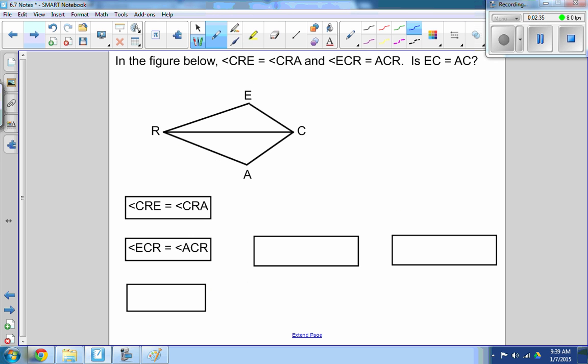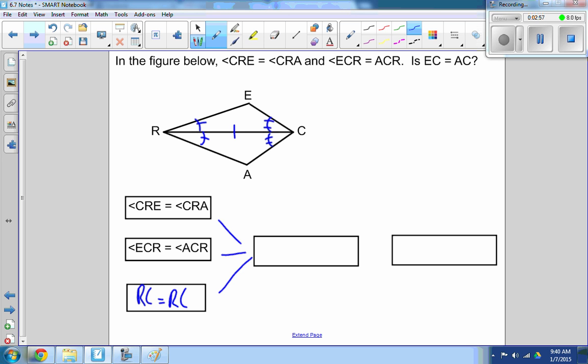Okay, same figure, but we now have some different information. Angle CRE is congruent to CRA. Angle ECR is congruent to ACR. Is EC congruent to AC? Well, we know RC is equal to RC.